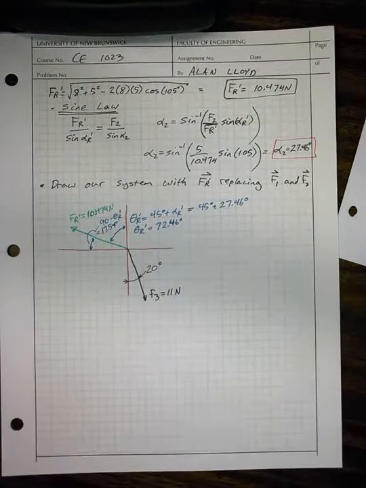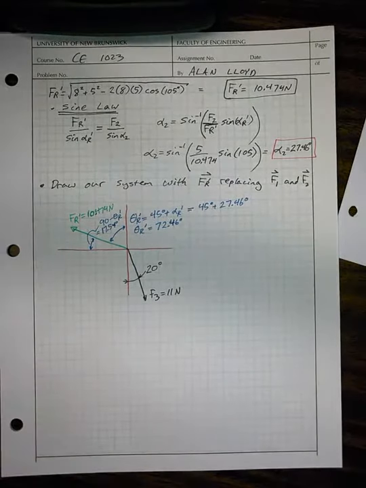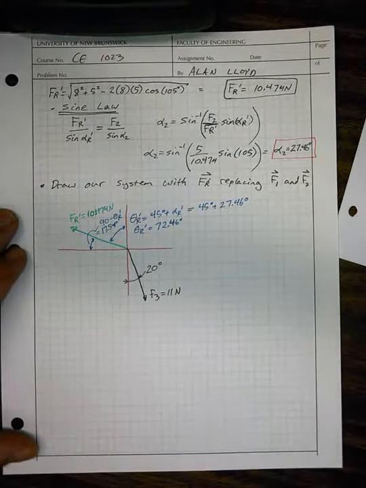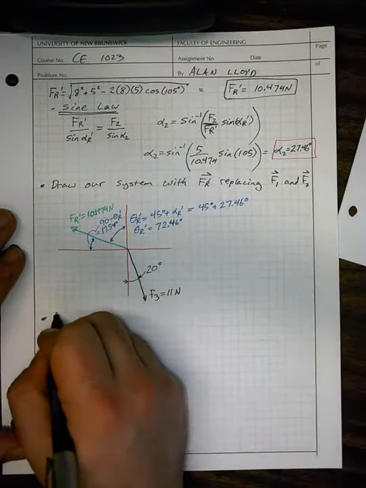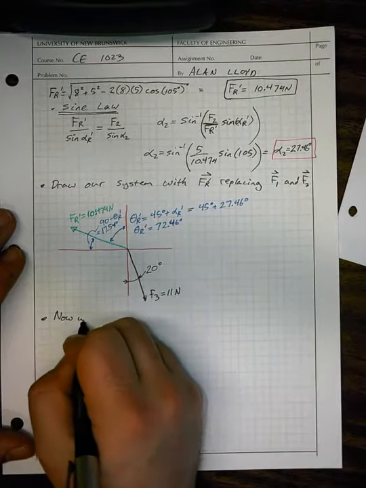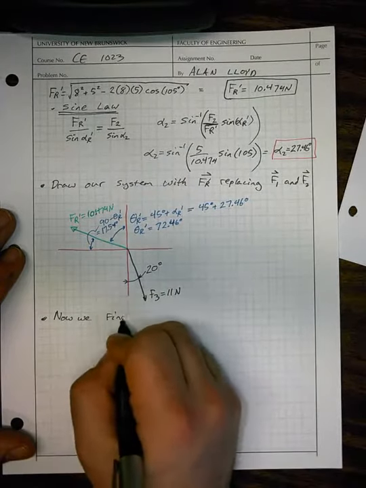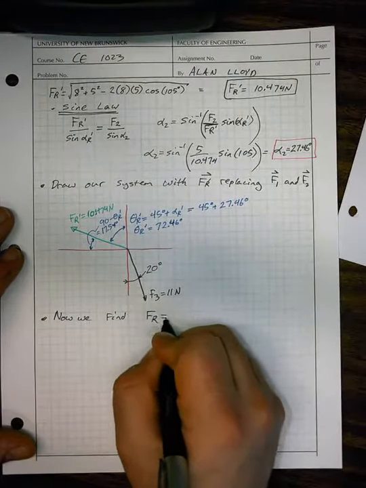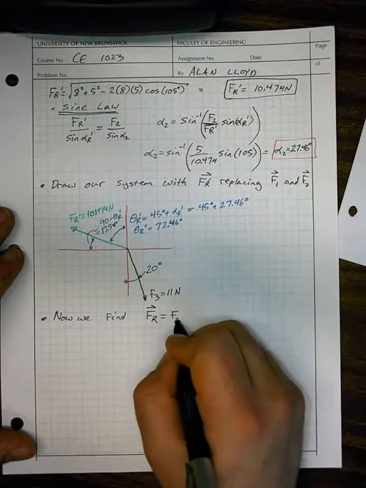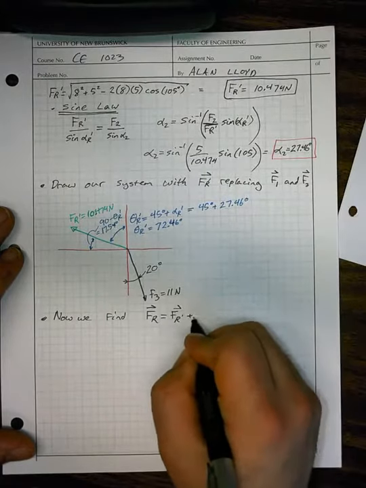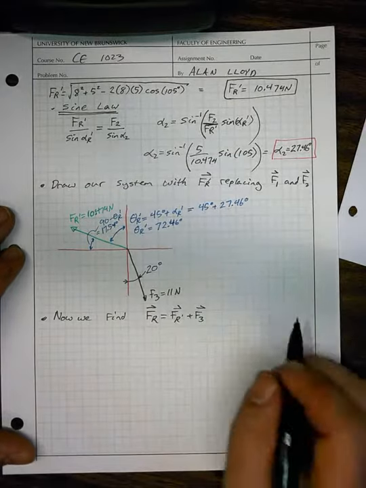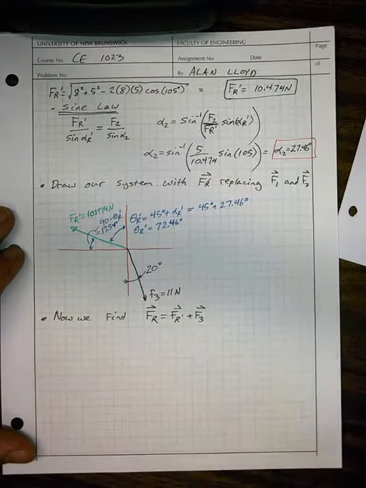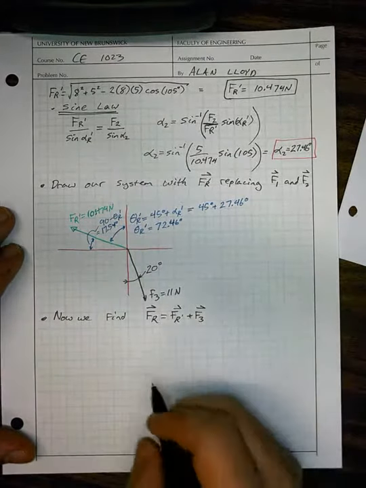So now our task is to add FR prime plus F3 to get the resultant vector. To do this, we will find FR is equal to FR prime plus F3. And to do this, we'll employ our parallelogram law as well, and we'll draw in our vectors.